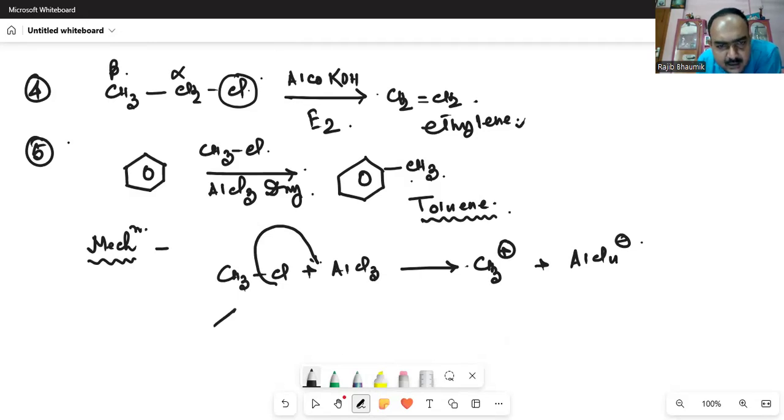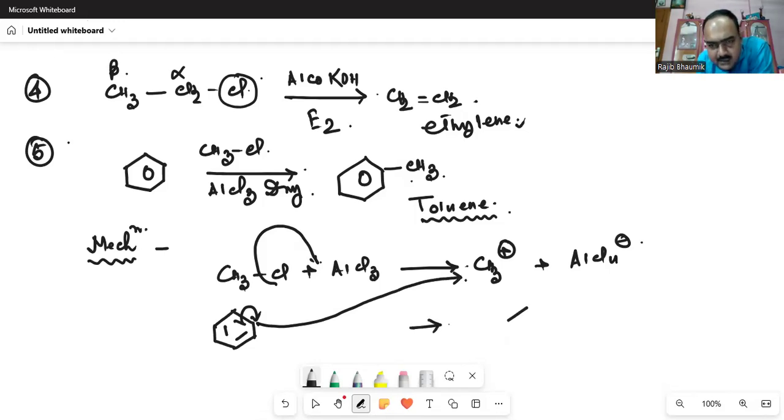So ultimately the next step is very simple. We have discussed it, and it is in the NCERT also. So this will attract the electrophile. This is the electrophilic substitution reaction. We have discussed it here in our classes, and the video is also present here. CH3, so there is a plus charge here.